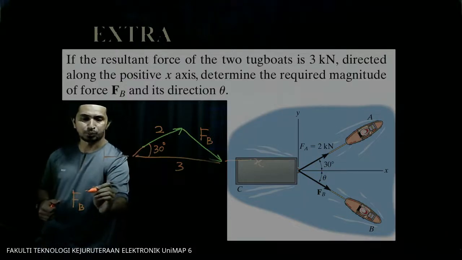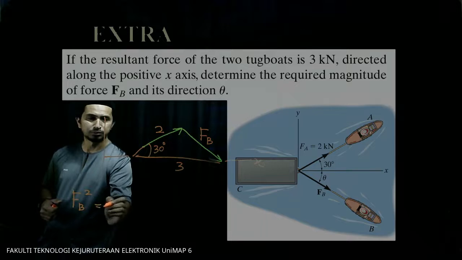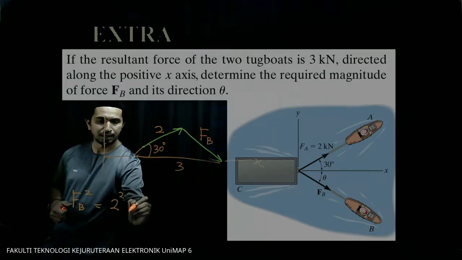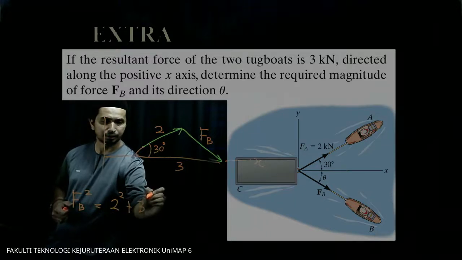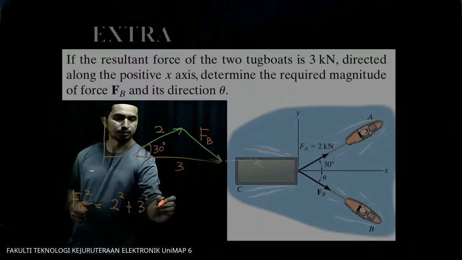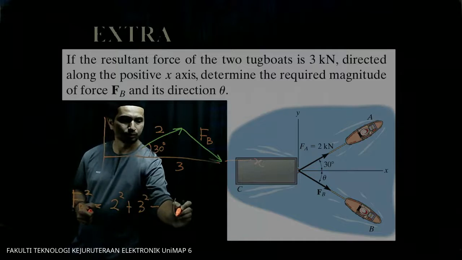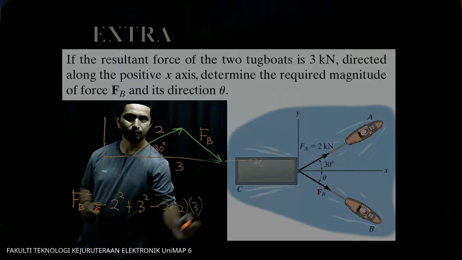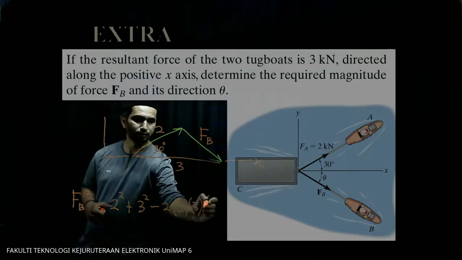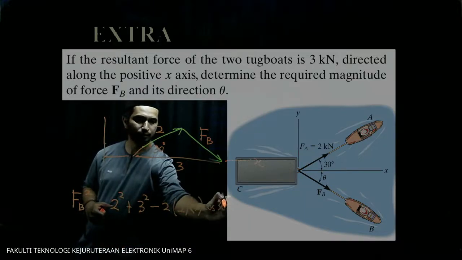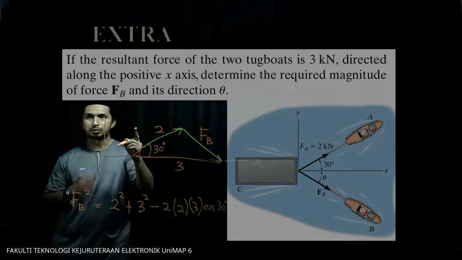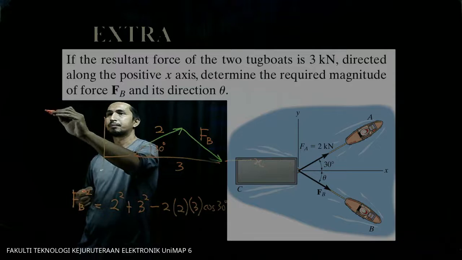Basically, FB squared equals 2 squared plus 3 squared minus 2 times 2 times 3 cos 30 degrees.